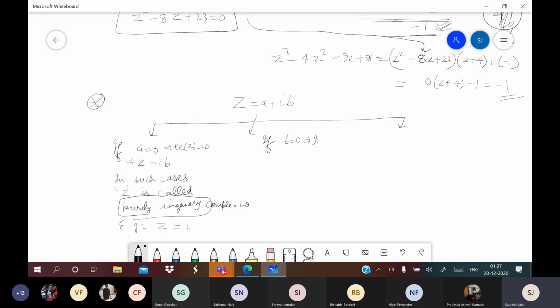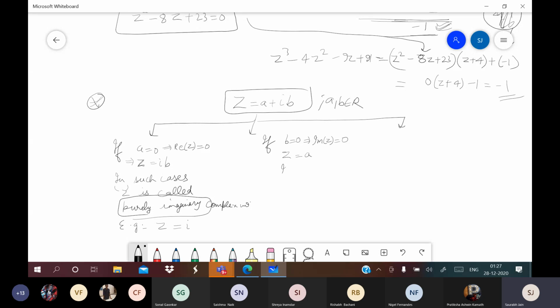b is 0 means the imaginary part of z is 0, then z will be like this. Sometimes I write a plus iota b, sometimes I write x plus iota y. That is fine. You just need to represent the real and imaginary part, and for that I am taking alphabets. Now I am taking a and b.